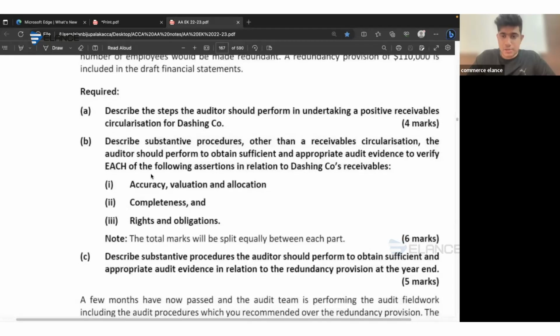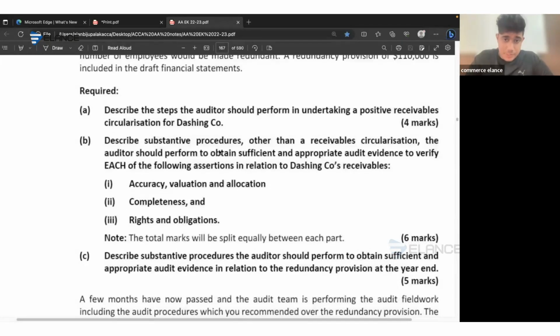And directly you're getting a question here. Describe the substantive procedures, other than receivable circularization, the auditor should perform to obtain sufficient appropriate audit evidence to verify each of the following assertions in relation to Dashing Company's receivables. The examiner is directly asking us to write the substantive procedures.